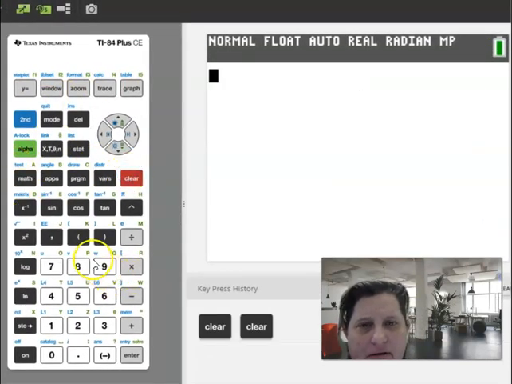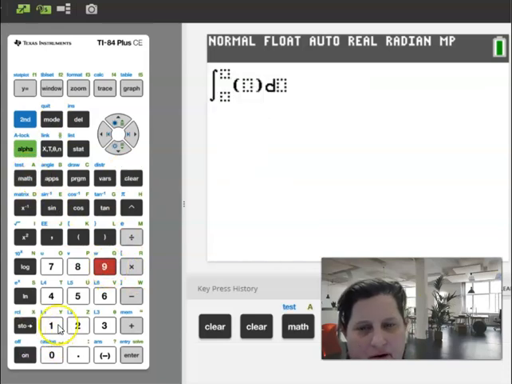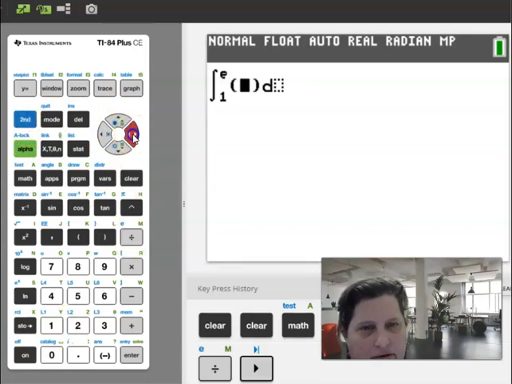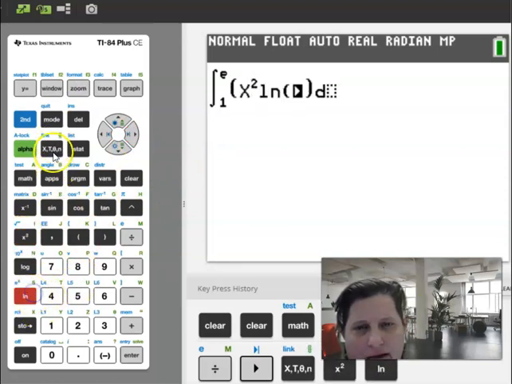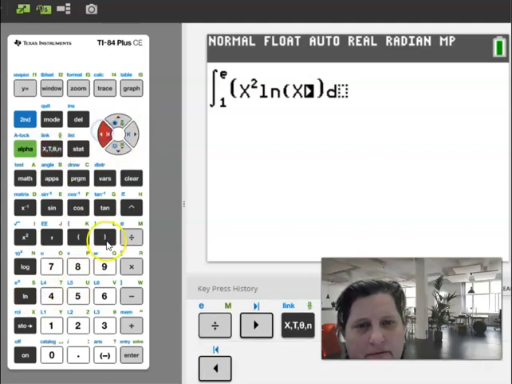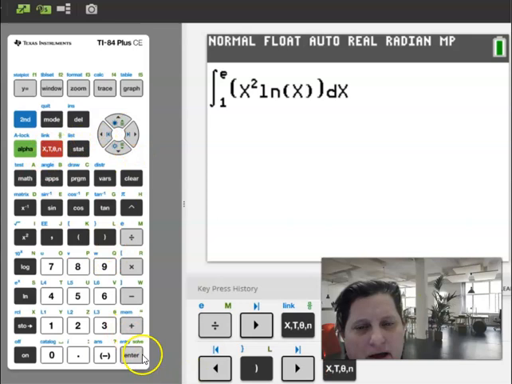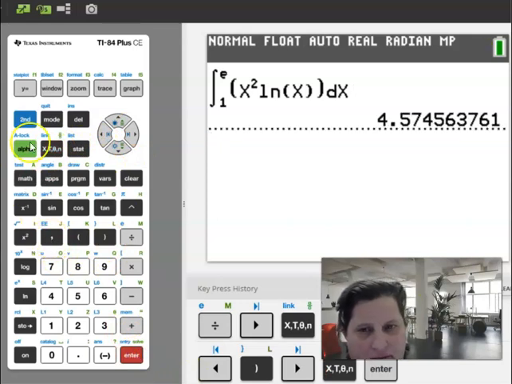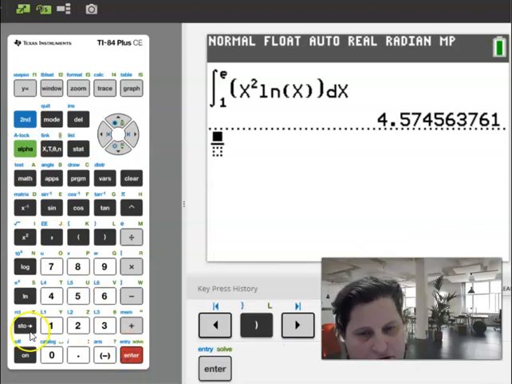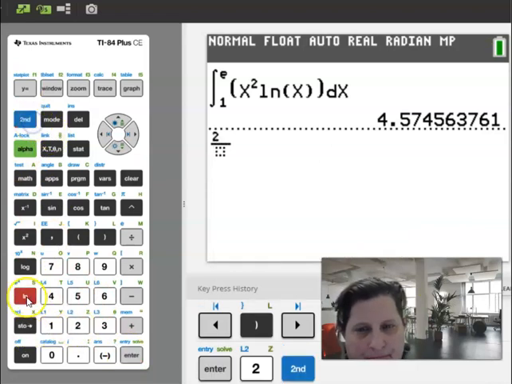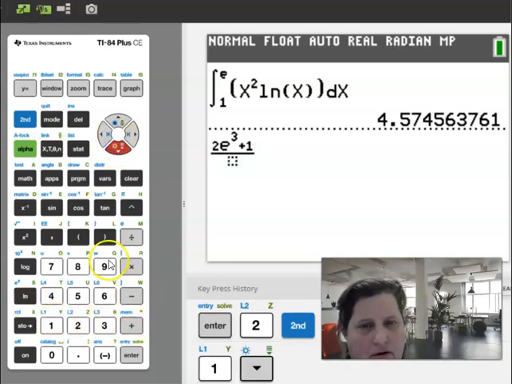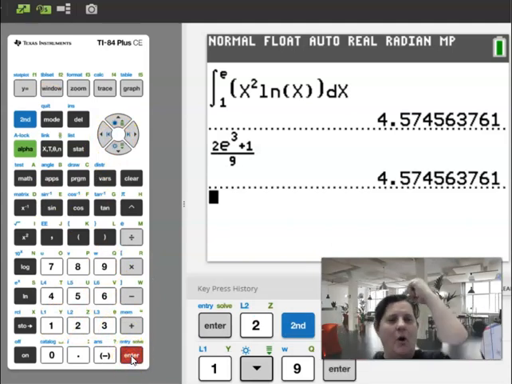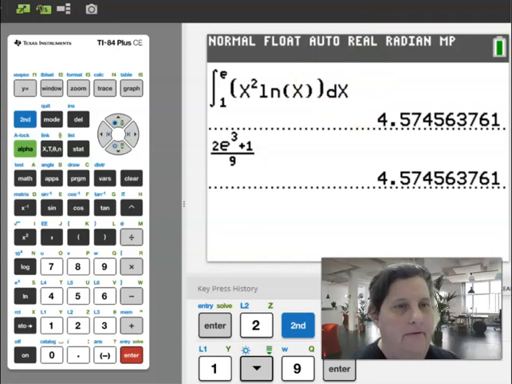If I do the integral from 1 to e, I use that little e right there, of x squared ln x dx, is that the same as the fraction 2 e to the third plus 1 over 9? Let's go!